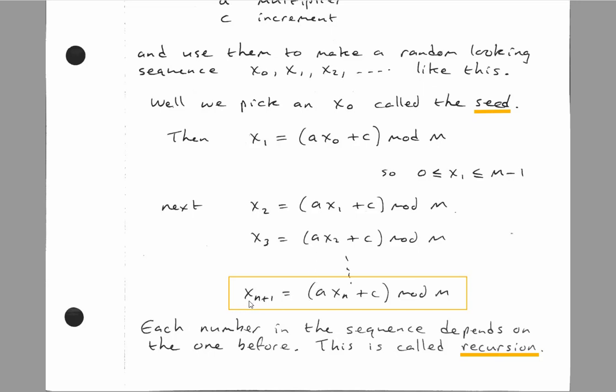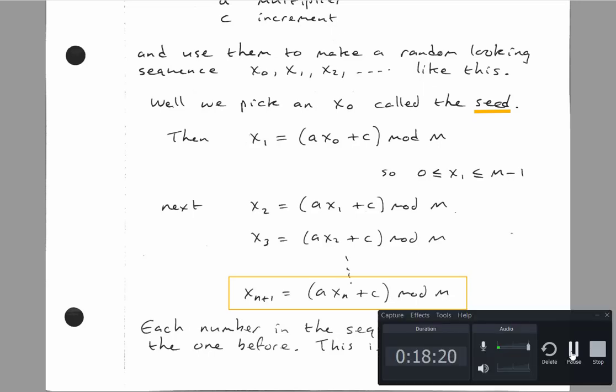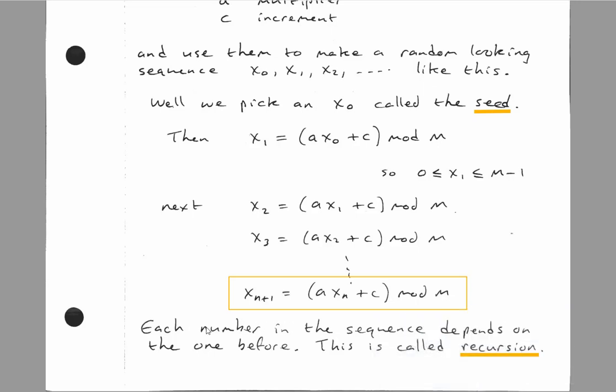In general, x sub n plus 1 is a times x sub n plus c mod m. Each number in the sequence depends on the one before, and a sequence like this is called recursive. This is an example of recursion.